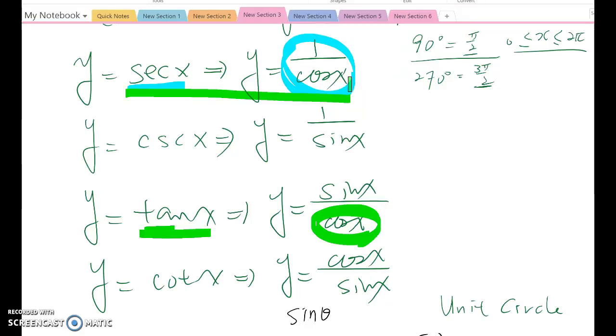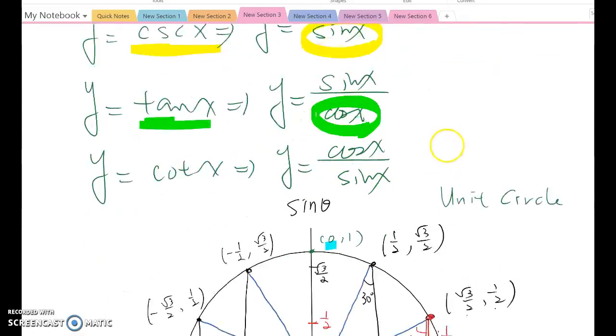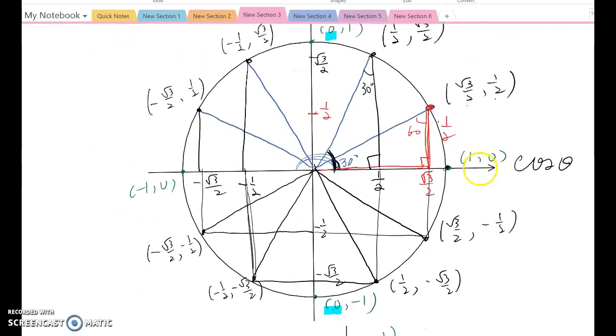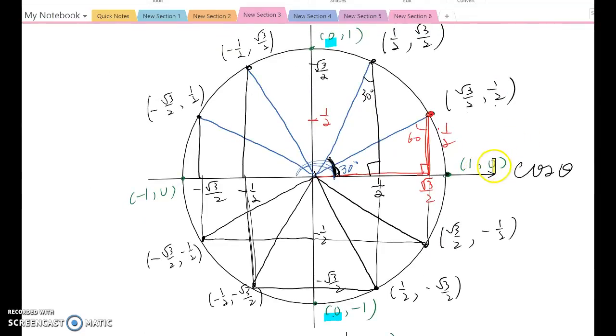Conversely, now the cosecant x case. Cosecant means 1 over sine x. So you need to find out where sine is equal to 0. When we go down this unit circle again, sine 0 means this point, which is 0, and this point, pi or 2 pi basically.